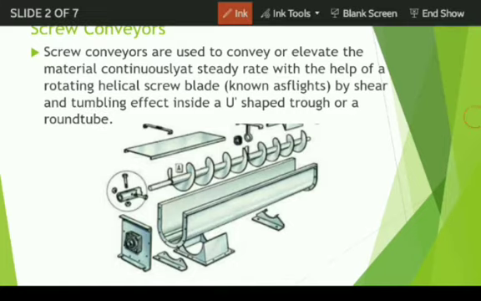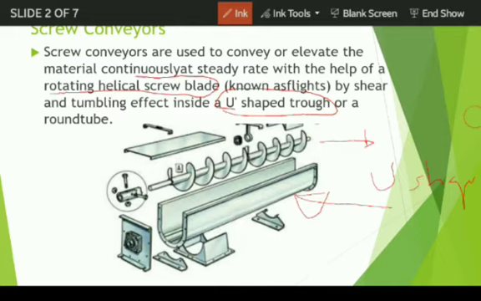So you can look in this image. So this is U-shaped trough. Then this is rotating helical screw blade, and this is used for conveying or elevating the material.